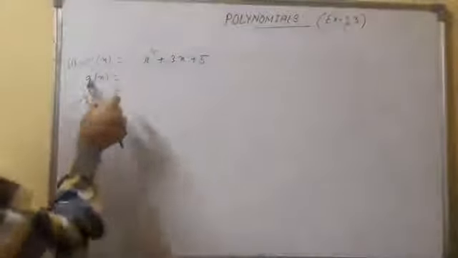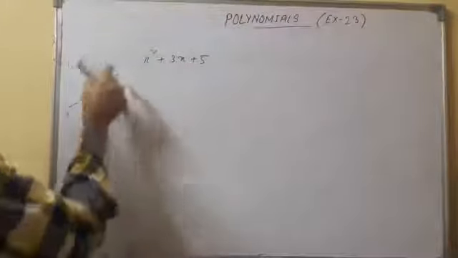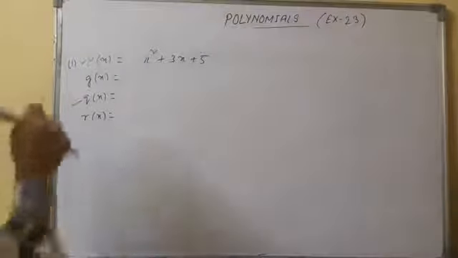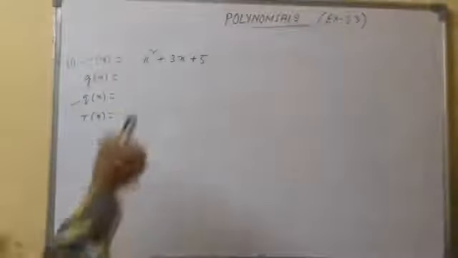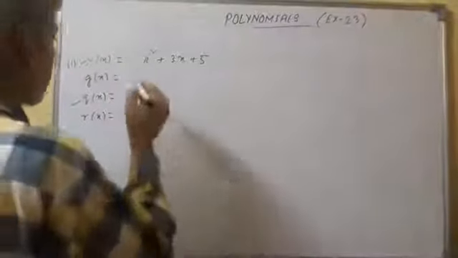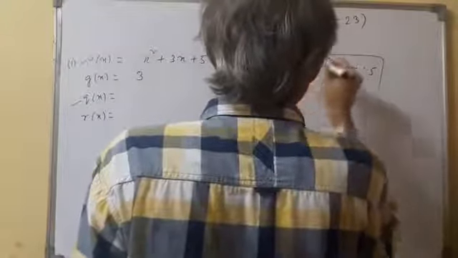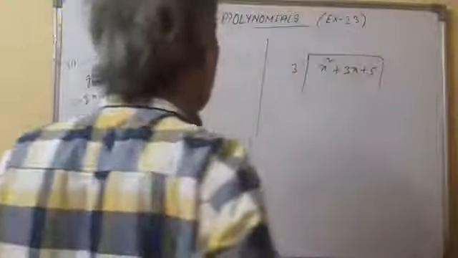Now since the degree of q(x) और p(x) इसको इक्वल रखना है, so degree of g(x) should be equal to 0, means it should be a constant polynomial. 2 minus 0 is 2. तो इसको हम कोई कांस्टेंट पॉलिनोमियल assume करेंगे, let us say 3. Now divide p(x) by g(x), so we will get q(x) and r(x). x^2 + 3x + 5, now divide this by 3.